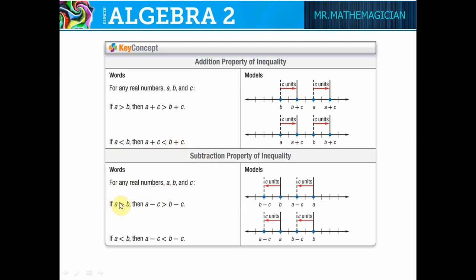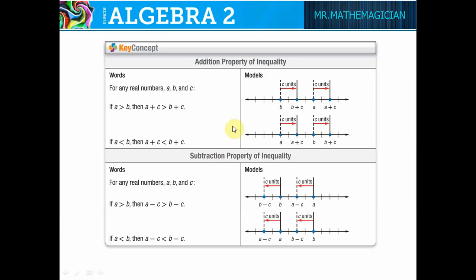For subtraction, for any real numbers a, b and c, if a is greater than b and we subtract the same amount c from both sides, it's allowed. So you can say a minus c is greater than b minus c. Also, if a is smaller than b and you subtract the same amount from both sides, it will be a minus c smaller than b minus c.